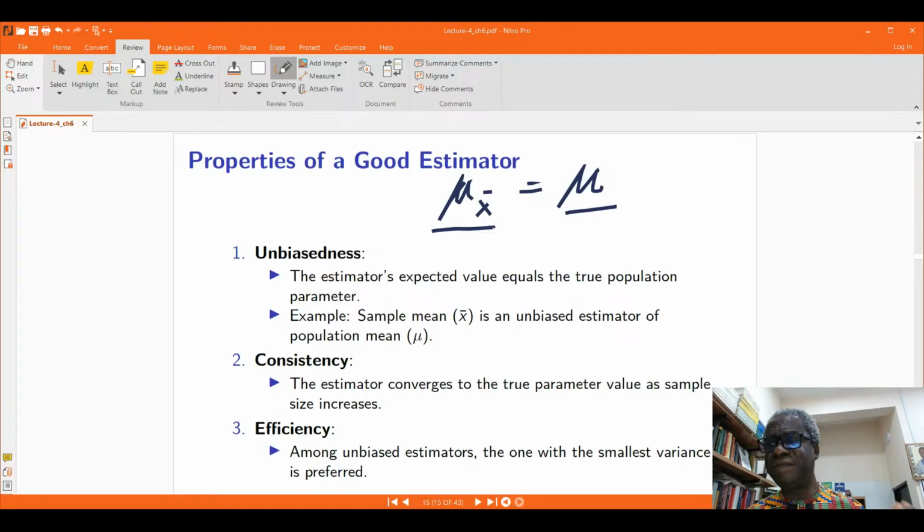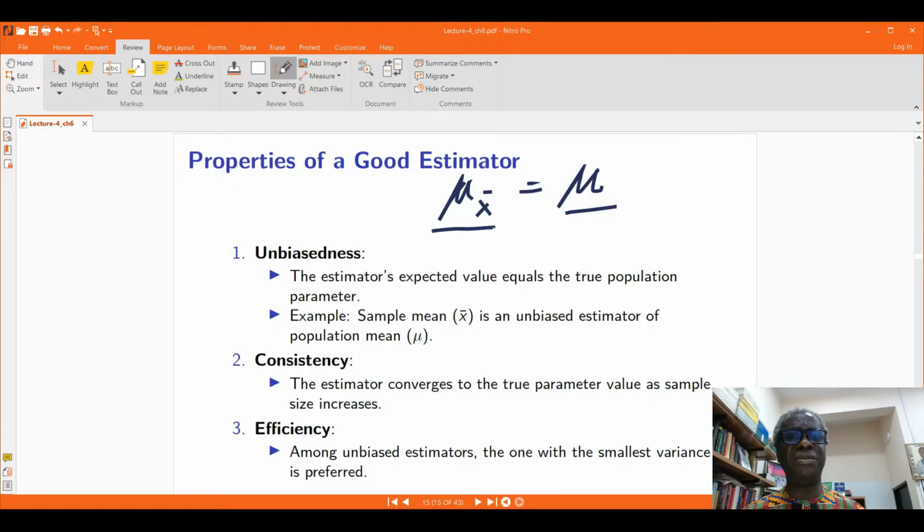And if the three are satisfied, then that guarantees that the estimate produced by the estimator is reliable and accurate as far as statistical inference is concerned. There are other properties as you advance in your statistical knowledge. You get to know about other properties that are considered when looking for a good estimator.